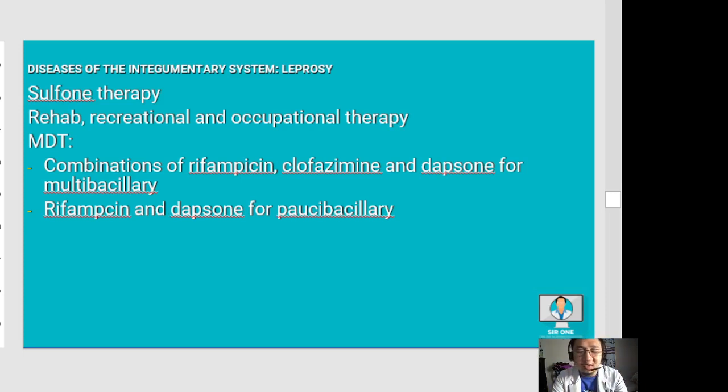Here in our country, there are leprosariums. Okay, there are leprosariums, wherein the patients are being exiled or thrown on an island, on a facility, and decades or even years passed after many studies.